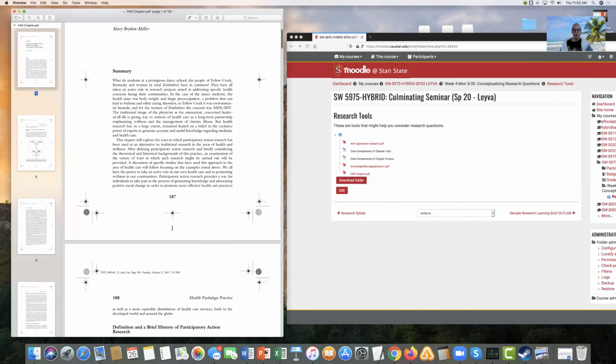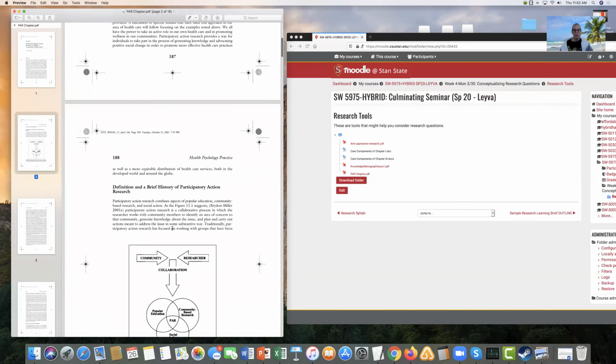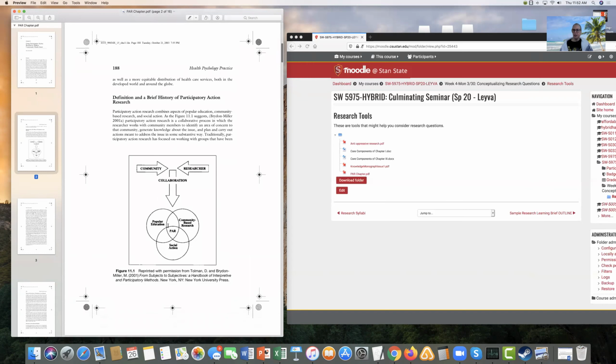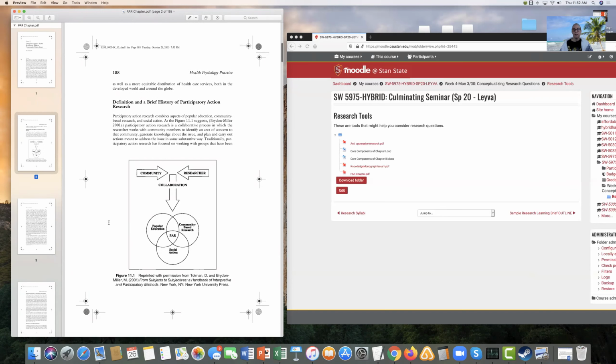Here it's looking at community health, but particularly if you have a population that doesn't have much of a voice in research, this is a good methodology around which to base your research question and your research essay, because it includes population members or community members as participants in the research, not just as a passive answering-questions person, but as a co-researcher. So that's a really good article as well.